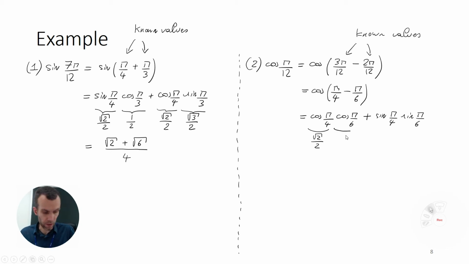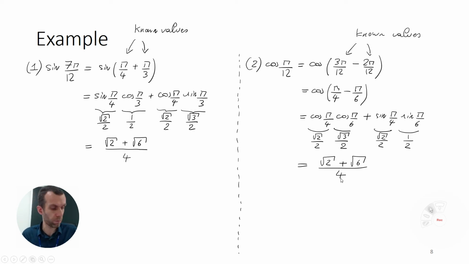This right here is square root of 3 divided by 2. Square root of 2 divided by 2 and 1/2. And then cleaning up and simplifying, we get square root of 2 plus square root of 6 divided by 4. It's the same answer as before, but that is at this point a little bit of a coincidence.